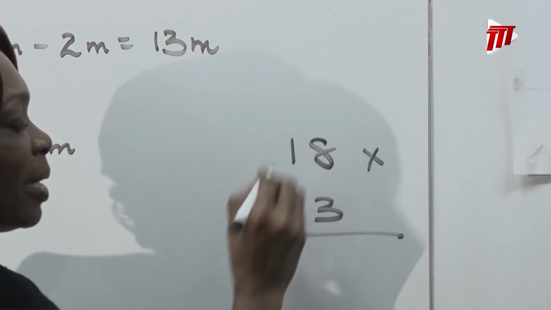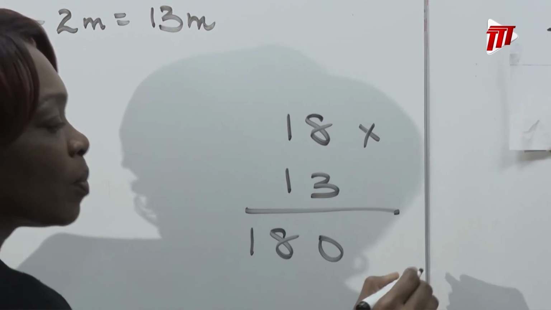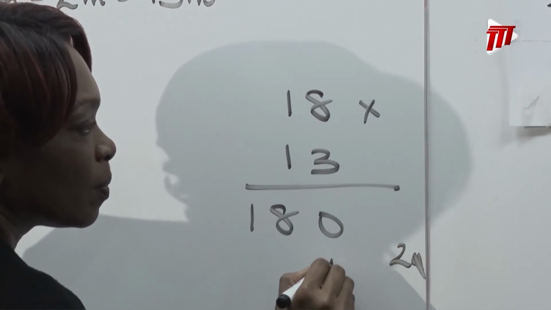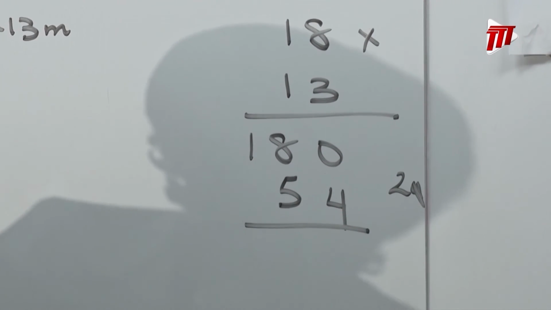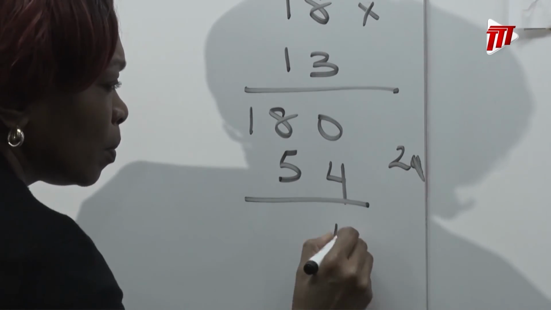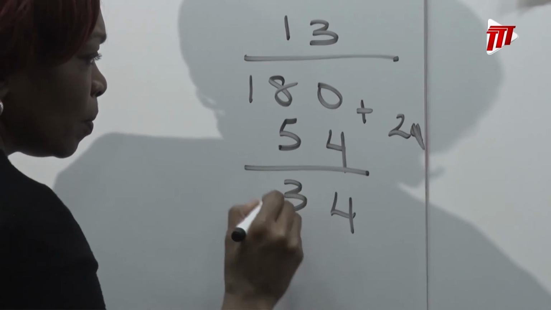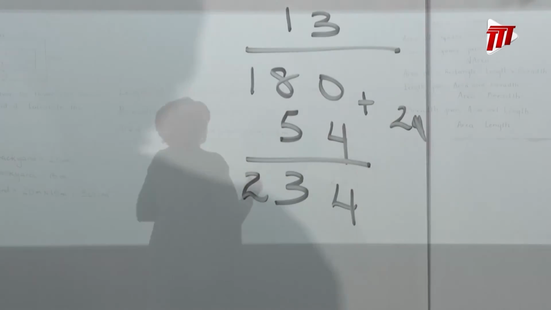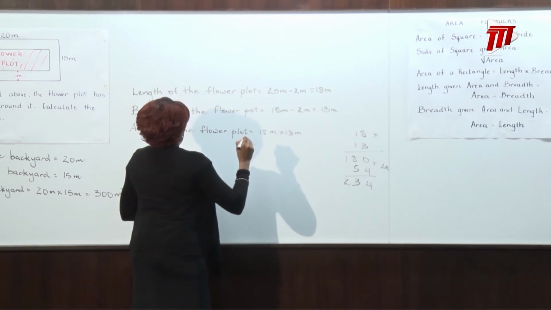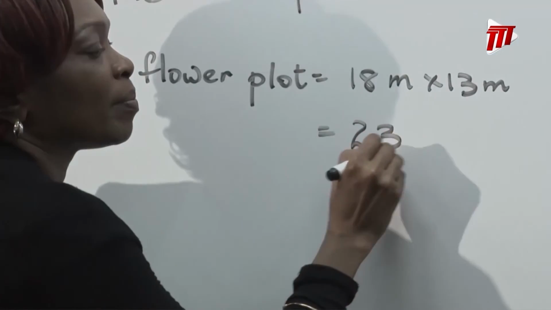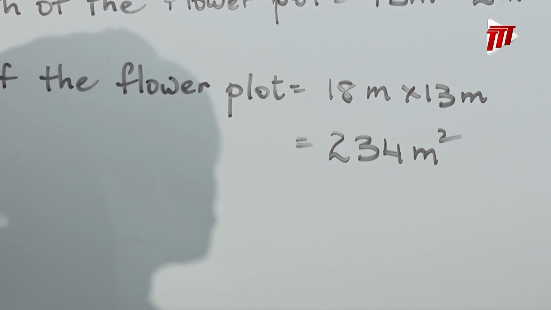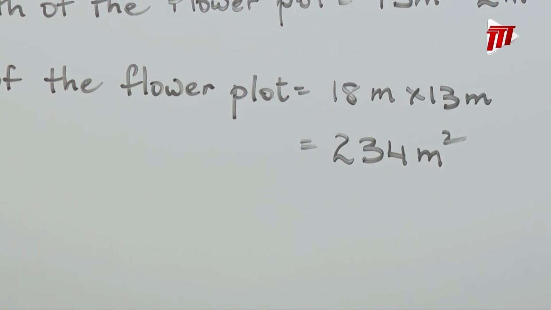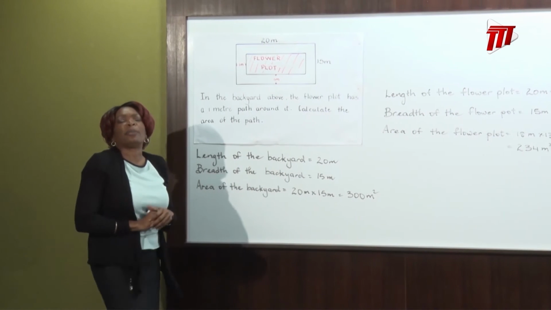I know you know your table, so let's go. So we can say that the area of the flower plot is 234 meters squared.